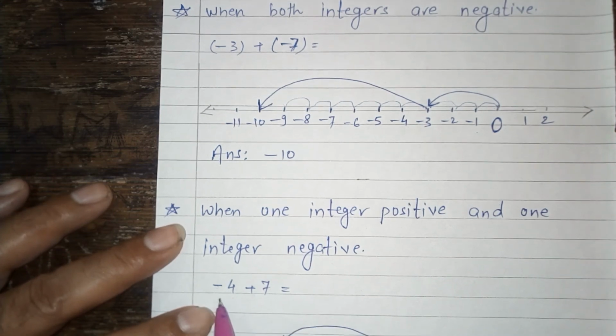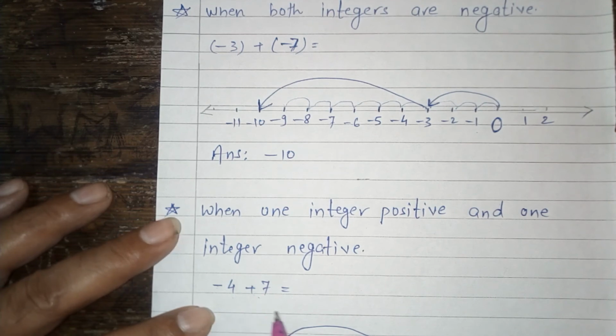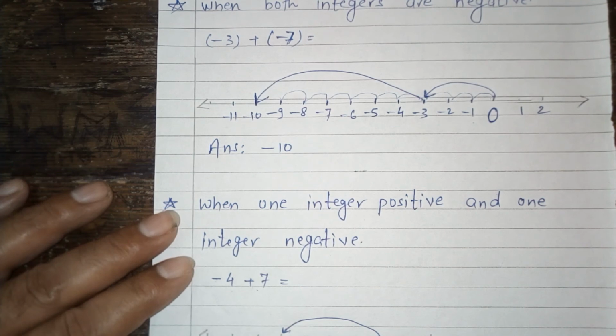First integer is negative, second integer is positive. Okay. The meaning is one integer is negative and one integer is positive. So what can you do? First you make one number line.